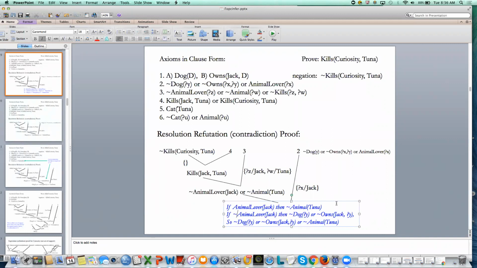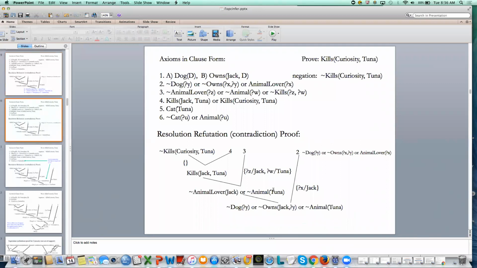If Jack is not an animal lover, then it must be the case that one of these is true. And so a conclusion is take the statements which are not to be resolved out. And this is what we're left with.